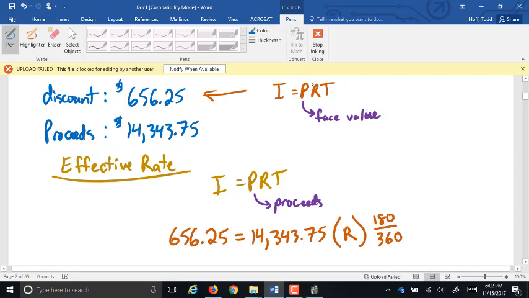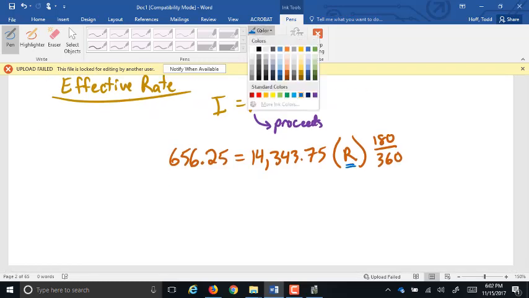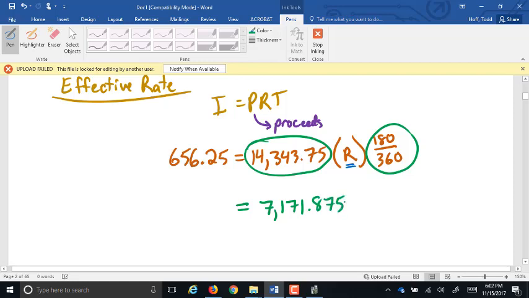So now we must solve for R. To start doing that, we first have to combine the 14,343.75 with the 180 over 360, which will give us $7,171.87.5, we'll call it.